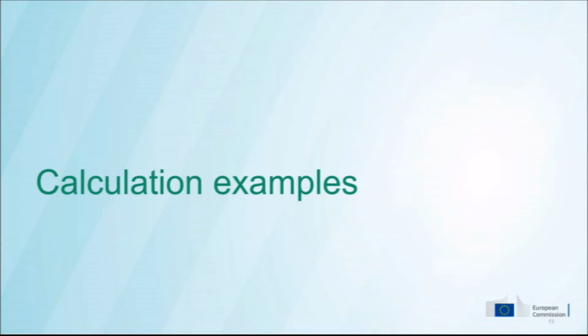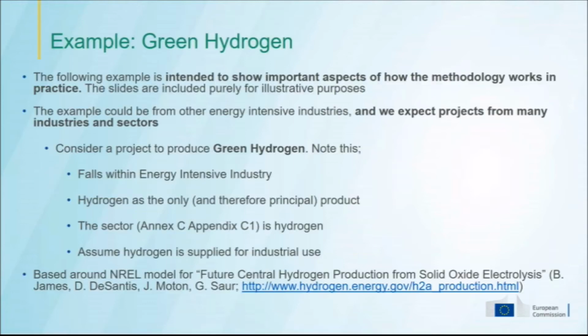Now we're getting to the heart of what we wanted to discuss today in this presentation: the calculation examples. I just want to reiterate, we've started here with a green hydrogen example, but we know there's a huge input from chemical industries, from the steel industry, from many different industries.